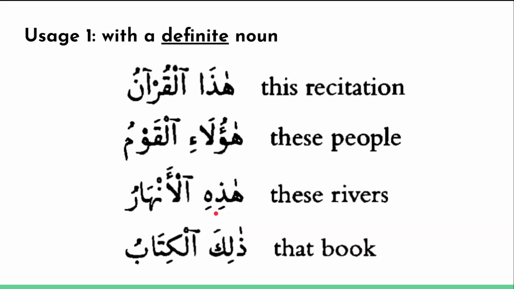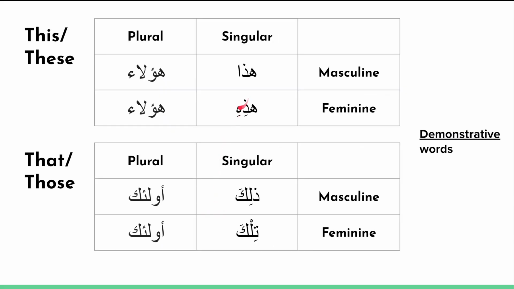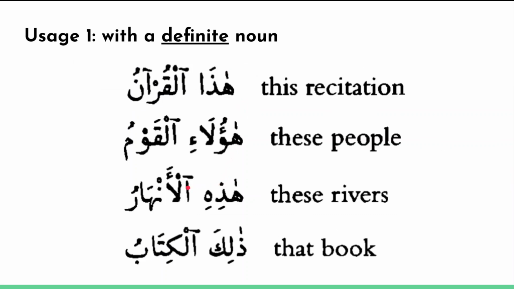So the word here, anhar, is the plural of nahr, so it means rivers. Why am I using the singular feminine word, hadihi, to refer to this plural object, rivers? This is because it's a broken plural. So if you go back to lesson 2, and if you don't remember this, you should refresh your knowledge.